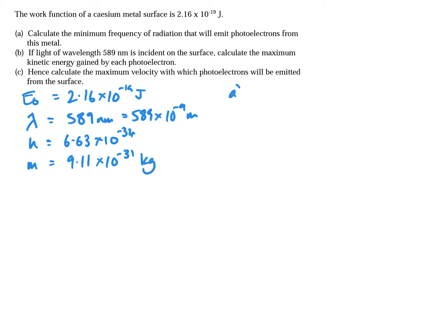So for part A, calculate the minimum frequency. So this is the threshold frequency we've been asked. And the relevant equation then would be E naught equals H F naught. Plug in your values.